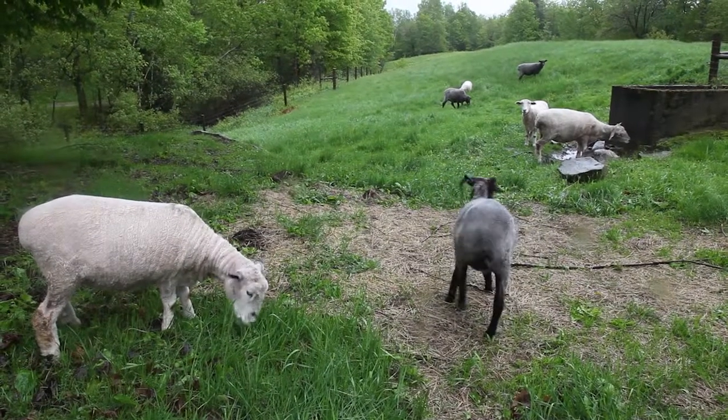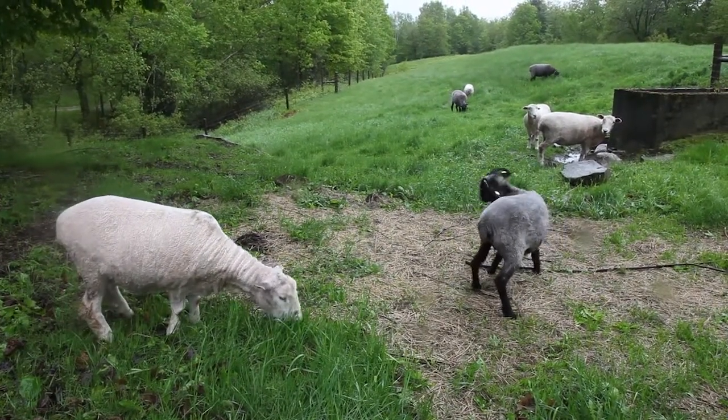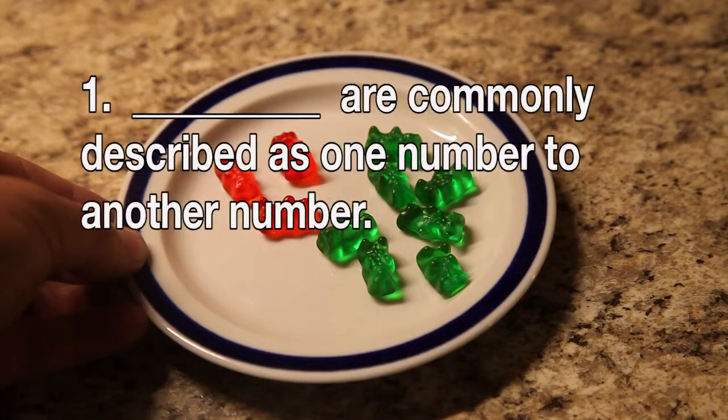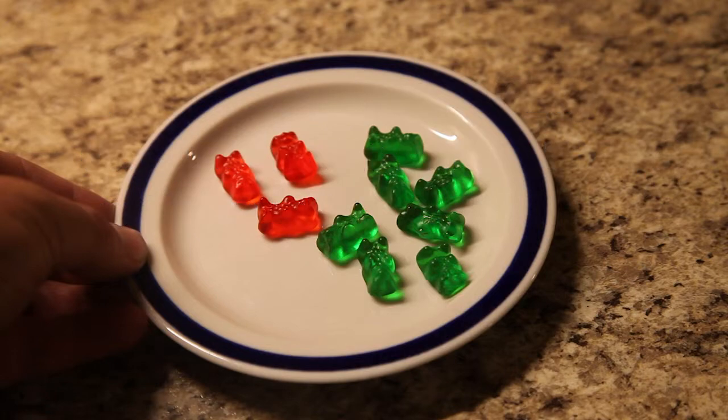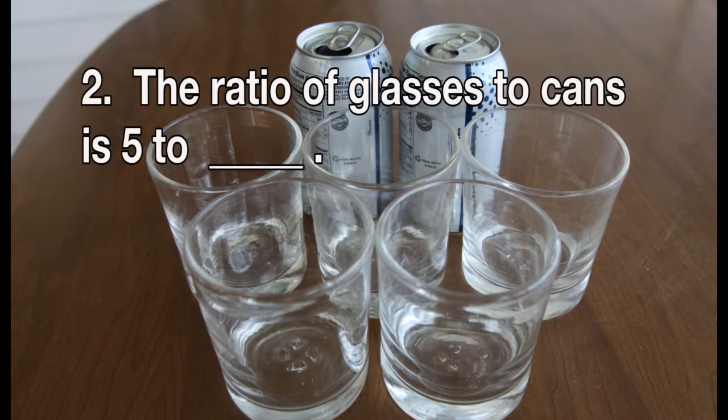Fill in the correct word to complete the sentence. Good luck, and let's get started. Number 1. Blank are commonly described as one number to another number. Number 2. The ratio of glasses to cans is 5 to blank.